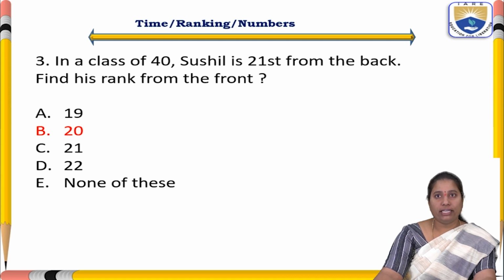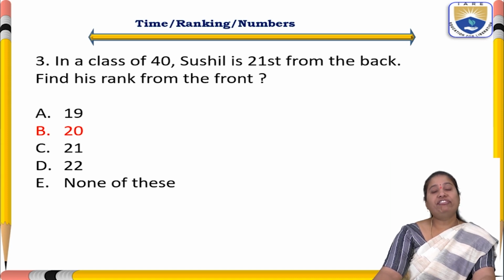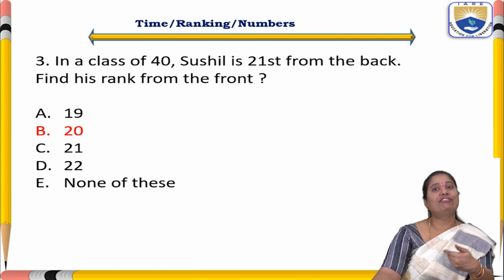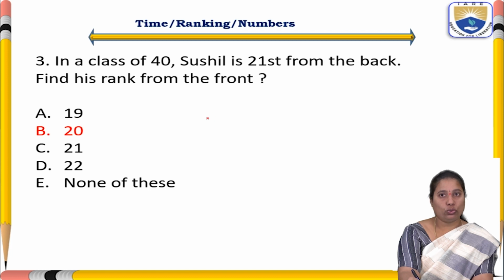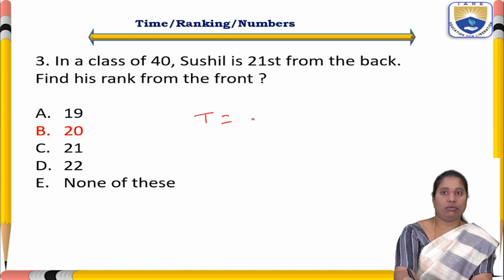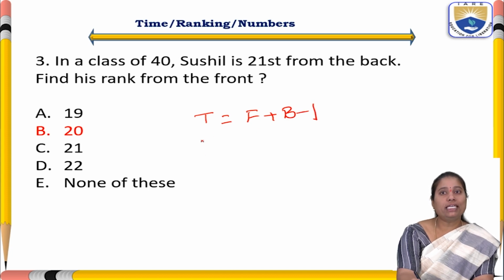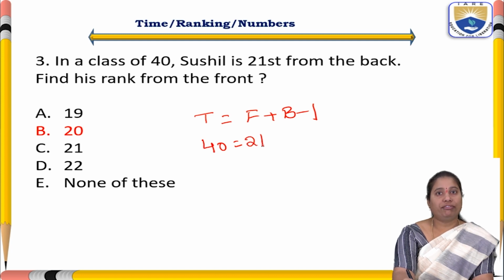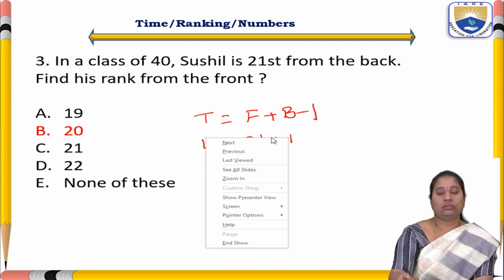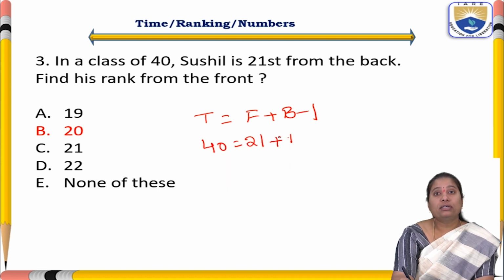In a class of 40, Sushil is 21st from the back. Find his rank from the front side. Already we know that the formula is total is equal to front plus back minus 1. Now the total strength they have given is 40, that is equal to front position, which we don't know, plus back position, 21, minus 1.